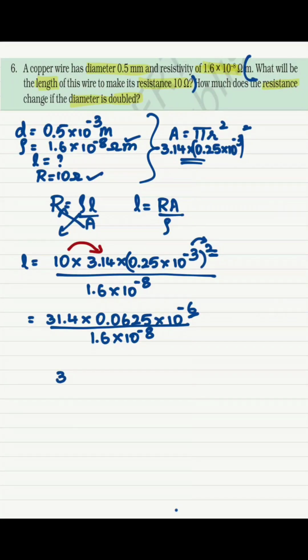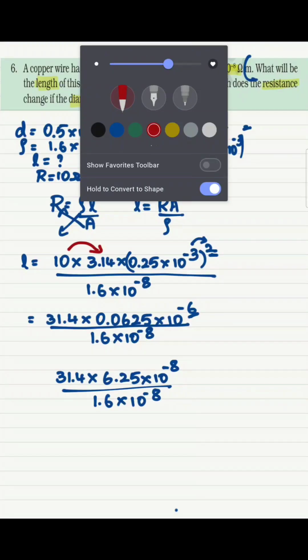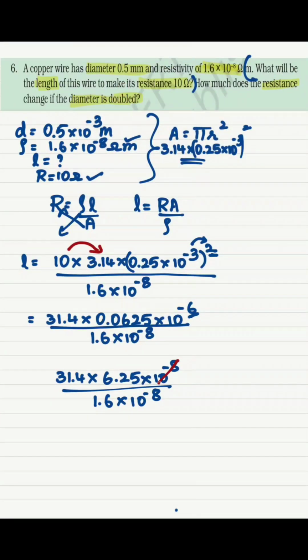So 31.4 into 6.25 into 10 power minus 8, whole divided by 1.6 into 10 power minus 8. Why did we do 10 power minus 8? Because it is simple for us to simplify and we can cancel out my 10 power minus 8 here and 10 power minus 8 here. So we get 196.25 divided by 1.6.